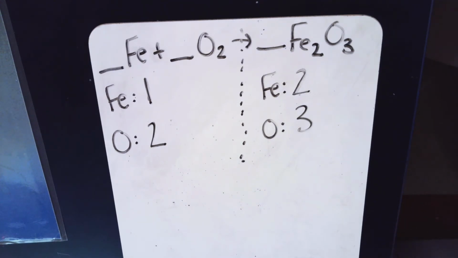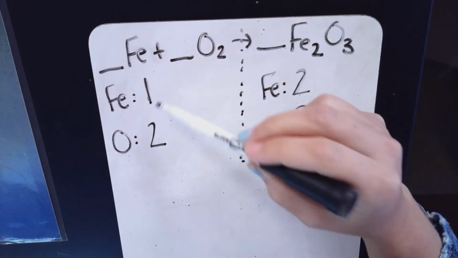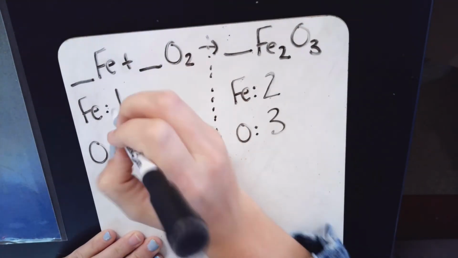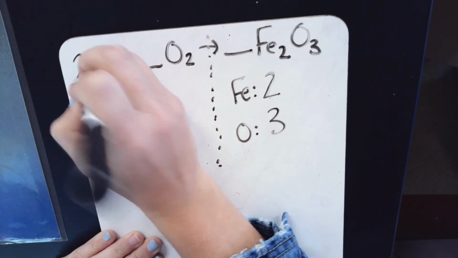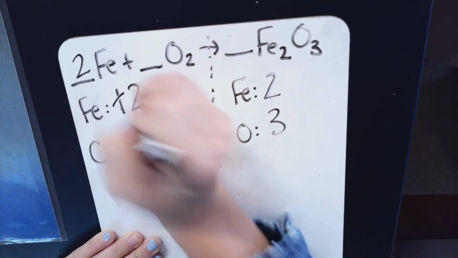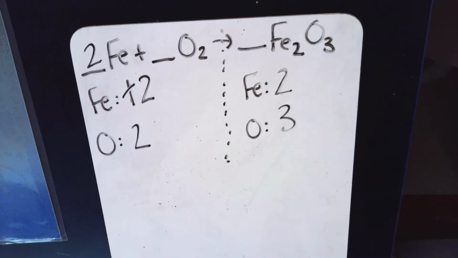So do everything else first, then do your hydrogens, then do your oxygens, because they get crazy sometimes. So let's start with our irons. If I have 1 on this side and 2 on this side, what can I do? Very good. Multiply this by 2, so I put a big 2 up here. Now instead of 1 Fe, I have 2 Fe's. So my Fe's are balanced.